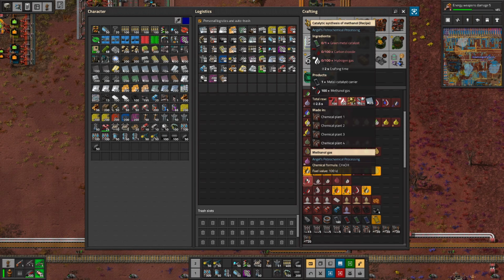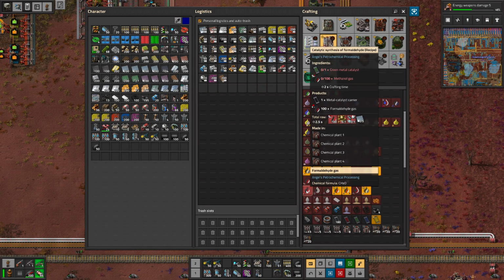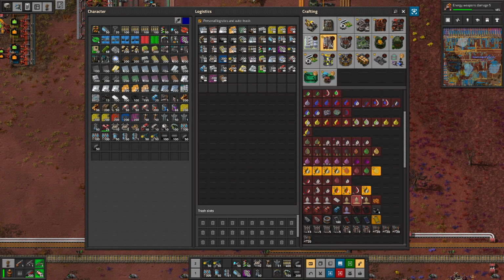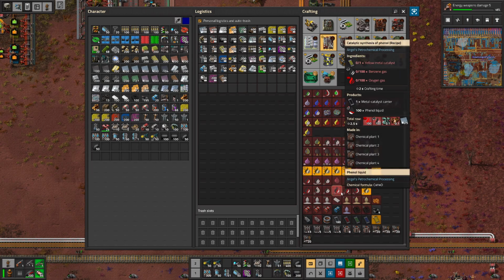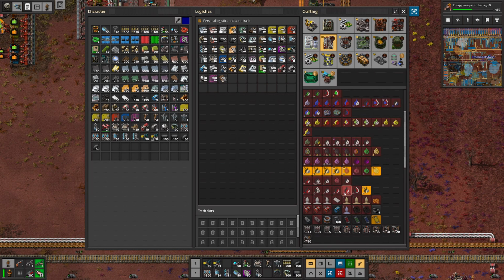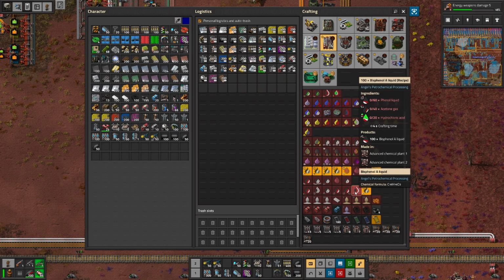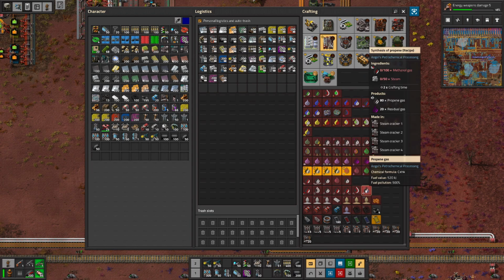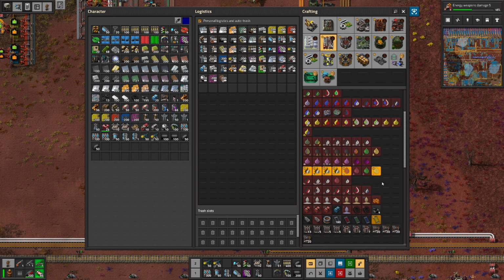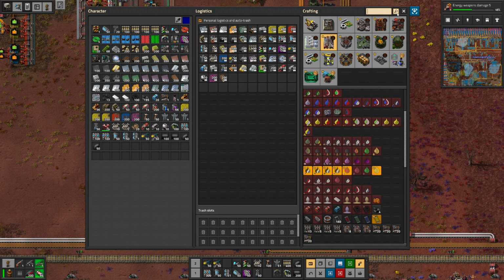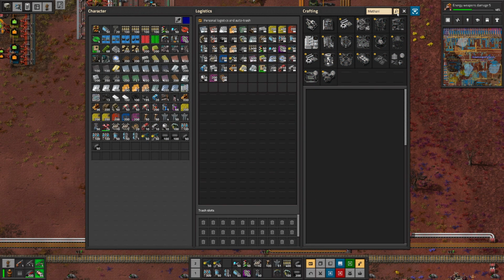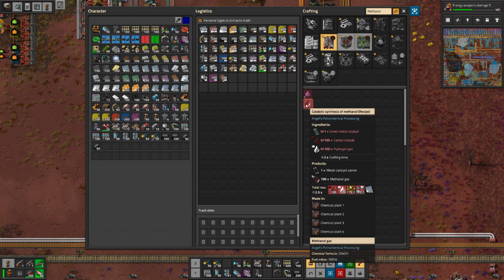So, bisphenol A. Methanol. Not methanol, we need ethanol.